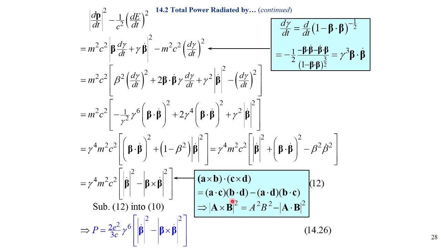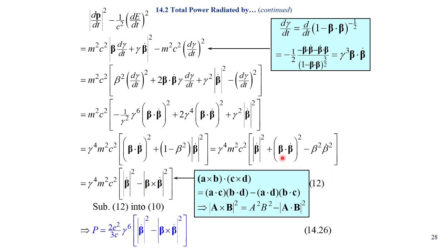So the result will be A squared B squared minus (A dot B) squared, right? The same. So this one can be rewritten into this form. Much simpler, much simpler.